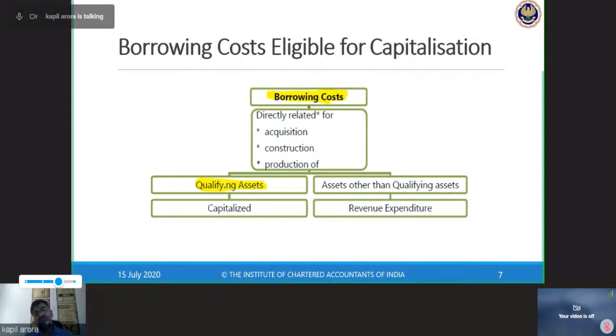Borrowing costs which are related to a qualifying asset can be added. Now, it says either I am involved in the acquisition of a qualifying asset, or I am involved in the construction of the qualifying asset, or I am involved in the production of the qualifying asset. What exactly does it mean?